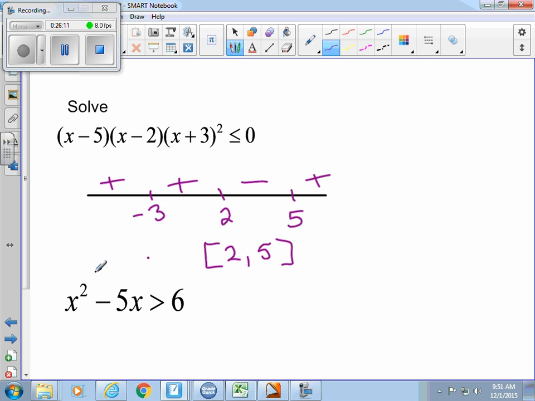At -3? Do you agree it equals 0 at -3? So I want to include that. I don't care how you write that, if you just want to write a -3 and then, by the way, but we do want to include the -3. So that one was kind of tough because of the -3 equaling 0.